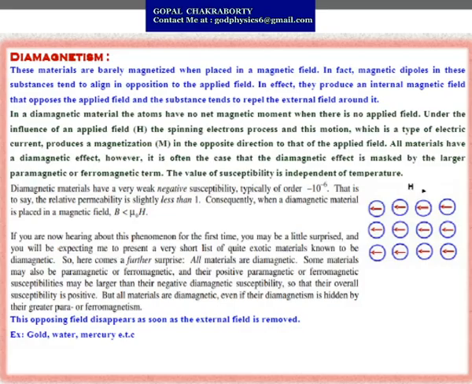So here comes a further surprise: all materials are diamagnetic.